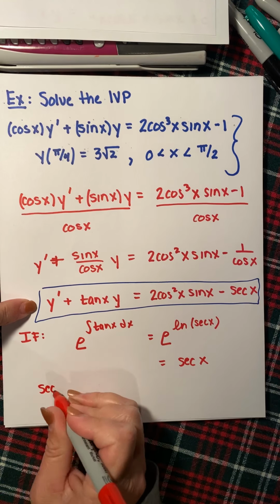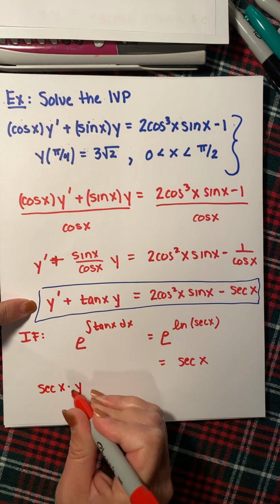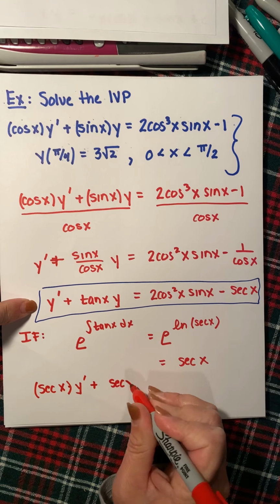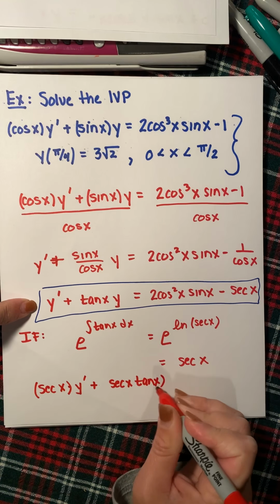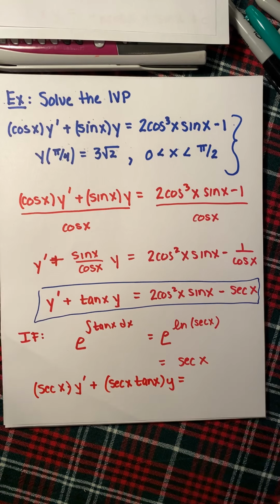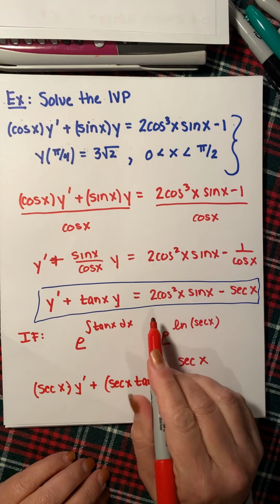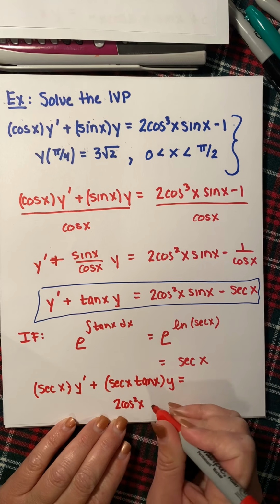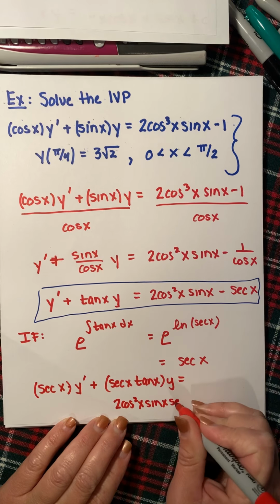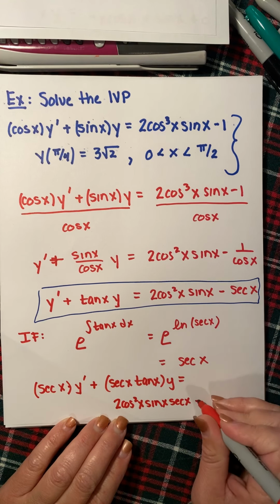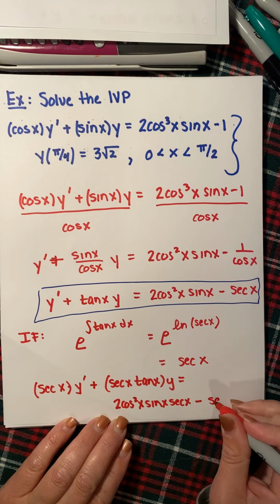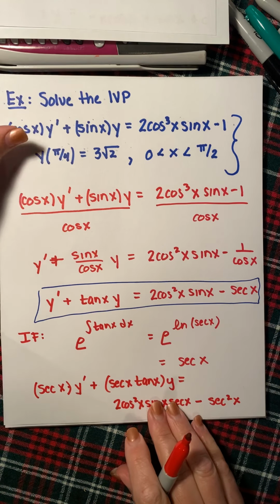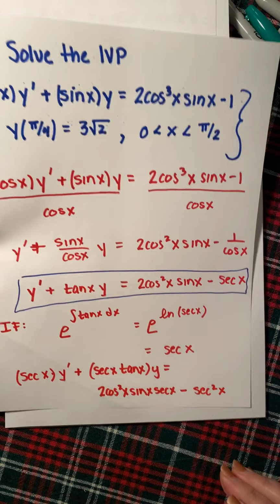We get the secant of x times y prime plus the secant of x times the tangent of x, all times y, equals, oh, yuck, 2 cosine squared x sine of x times the secant of x, minus, well, the secant times the secant will be the secant squared of x. All right, looks terrible, but this works out pretty nicely.